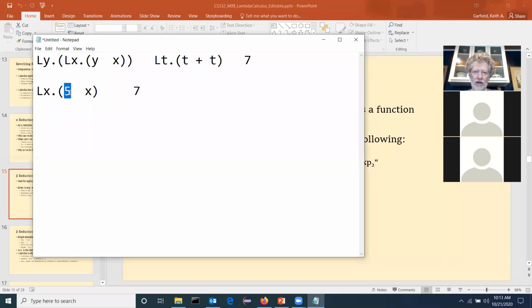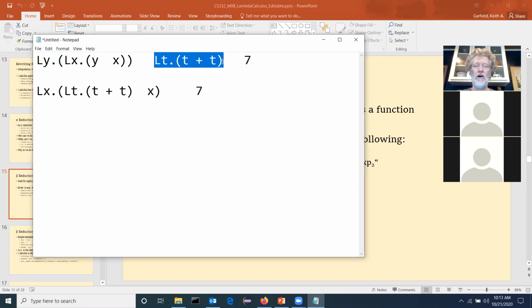Think of it as just one entity, like it was the numeral 5 or the variable p. So now I've got that in there. How did I get that in there? I took the operand or the argument to the function. The function is a function of y. So everywhere that I see a y in the expression, I replace it with that.